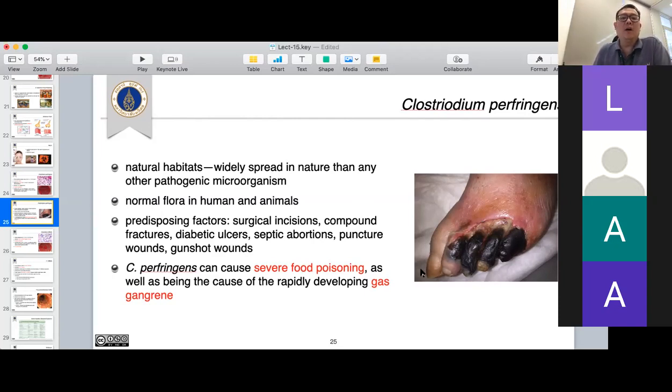It can also cause severe food poisoning too, but the dominant disease of perfringens is gas gangrene. In gas gangrene the wound is inflamed and swollen. Inside the swelling, there is bad-smelling gas.